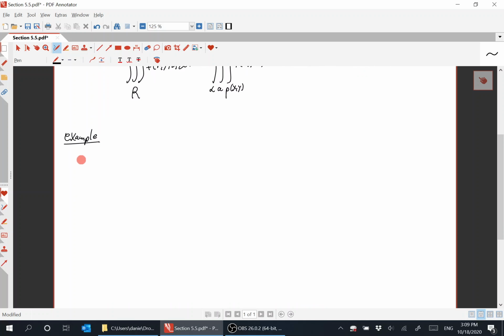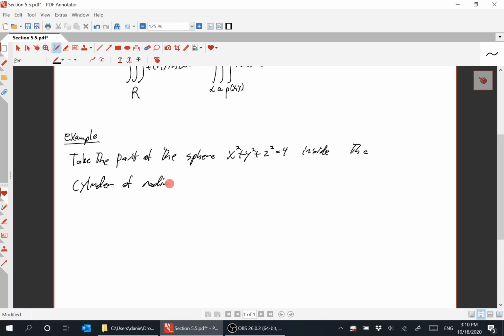So take the sphere of radius 2. x squared plus y squared plus z squared equal to 4, centered at the origin. Inside the cylinder of radius 1, and that is x squared plus y squared equals 1, centered on the z-axis.